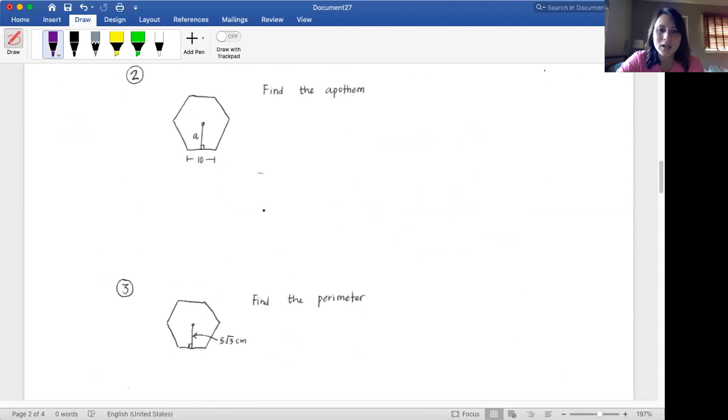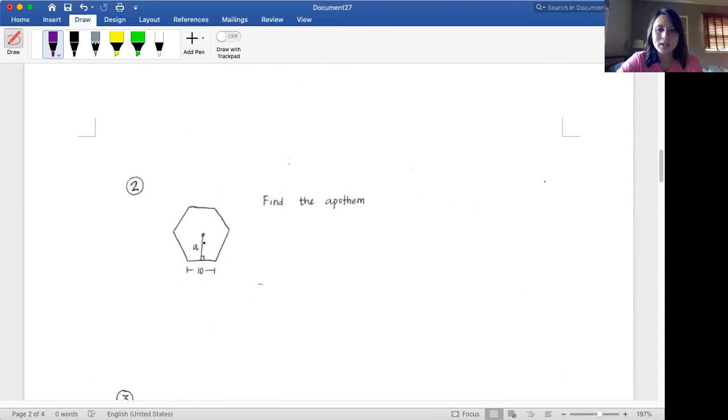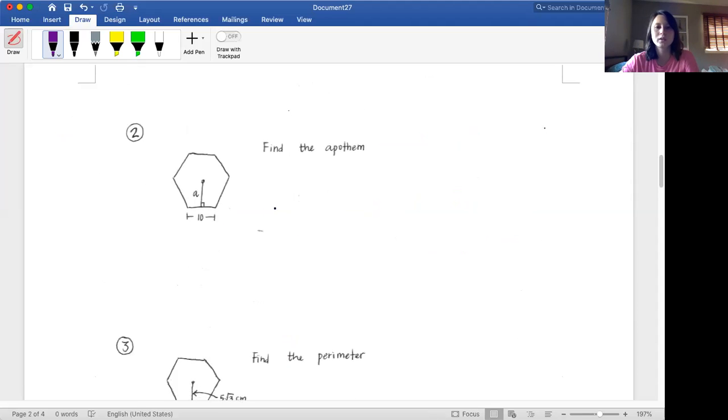Let's try another one where, again, we need to find the apothem. If you want to write out some steps in your notes, you're more than welcome to. So step 1, find the angle of a right triangle.